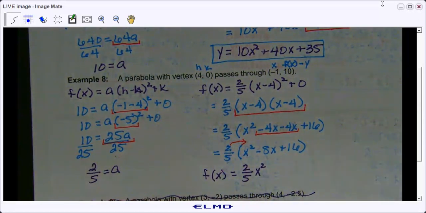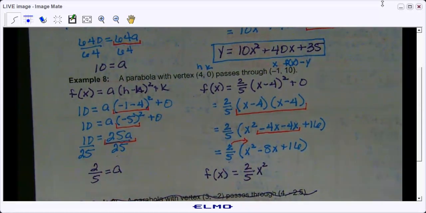2/5 times -8. Now I'm going to remind you how to multiply fractions. 2/5 times -8, we put a 1 under the -8, and we simply multiply straight across. 2 times -8 is -16, 5 times 1 is 5.